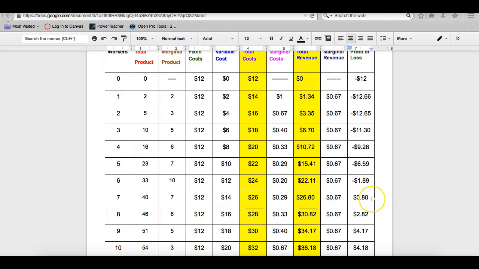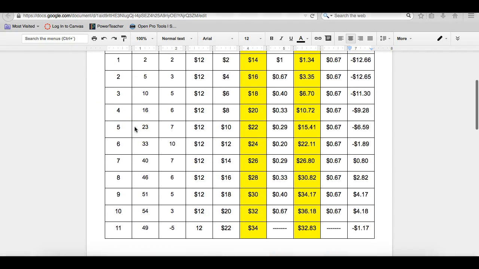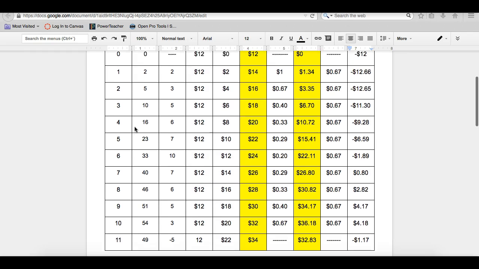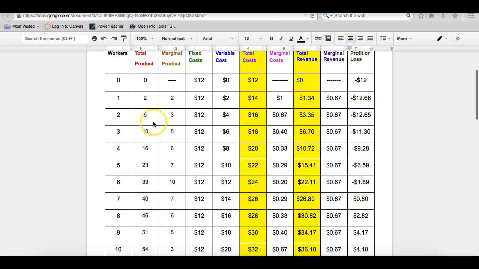For 7 workers, ooh, we're making a profit, 80 cents. 8 workers, $2.82 profit. 9 workers, $4.17 profit. 10 workers, $4.18 profit. And 11 workers is going to be a negative 1.17. Okay, so that is the last of the profit or loss column.